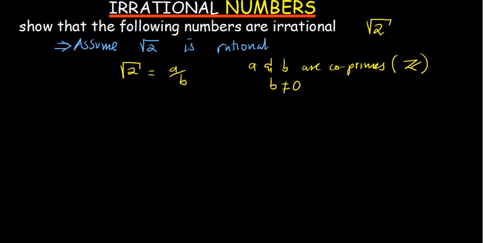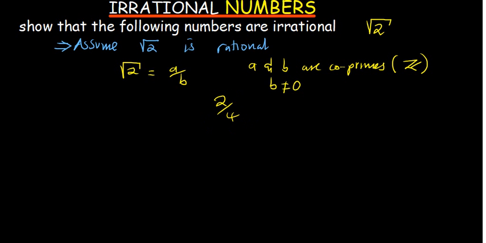Now what does it mean when you're talking about coprimes? Coprimes are numbers that cannot be divided by the same number. So for example, 2 over 4, these are not coprimes, because we've got a number that can go into 2 and 4 without leaving a remainder. In the simplest form of this fraction, there should never be a number that goes into both of them.